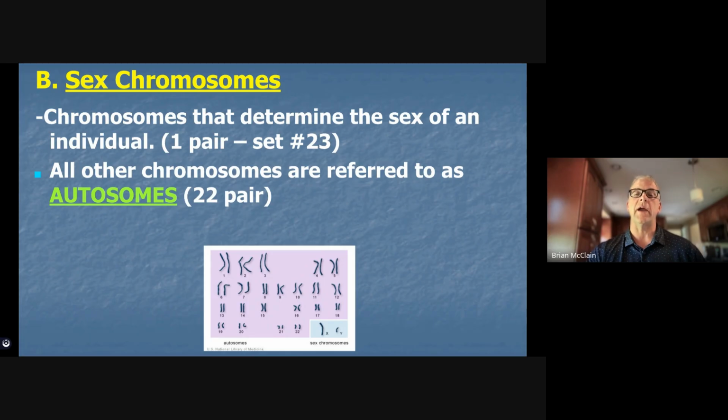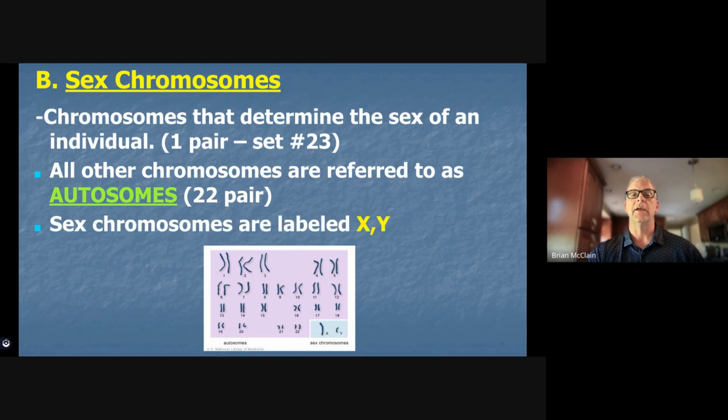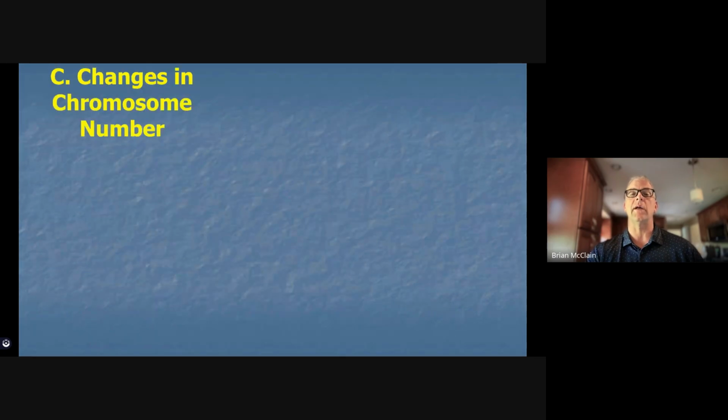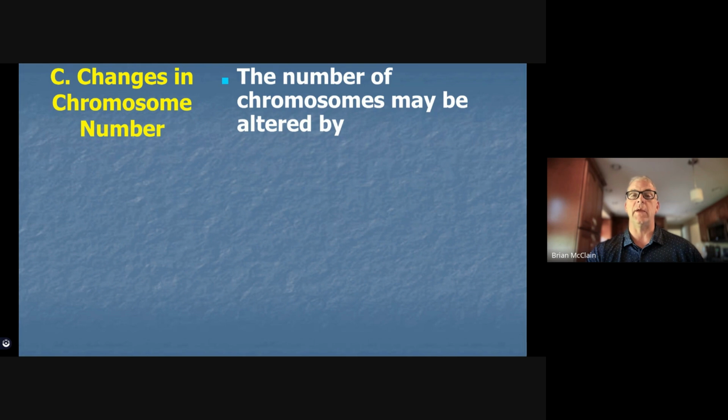The bottom right corner, you see it's in a light blue color. Those are the sex chromosomes. So in this particular instance, this would be the karyotype for a male because there's an X and a Y, and the females would have an X and an X. Okay. So the sex chromosomes are the ones that are associated with sex determination. So most humans are going to have exactly the same number of chromosomes.